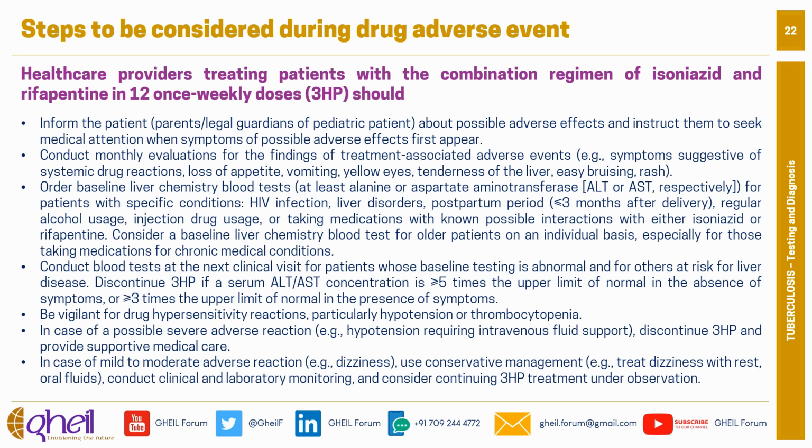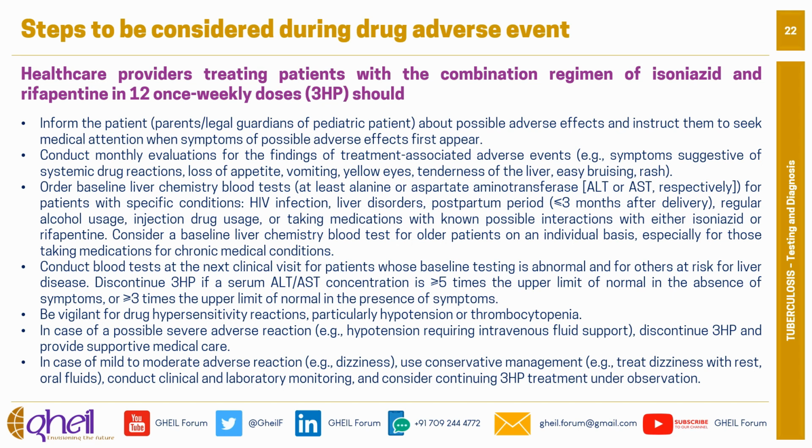Order baseline liver chemistry blood tests, at least alanine or aspartate aminotransferase, ALT or AST, respectively, for patients with specific conditions: HIV infection, liver disorders, postpartum period, less than or equal to 3 months after delivery, regular alcohol usage, injection drug usage, or taking medications with known possible interactions with either isoniazid or rifapentine.